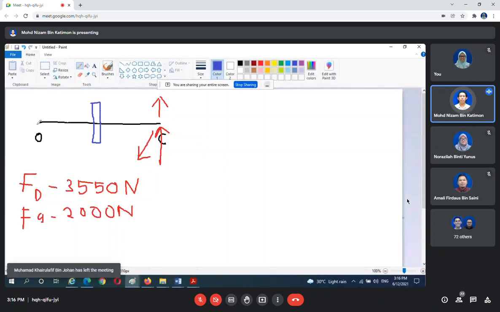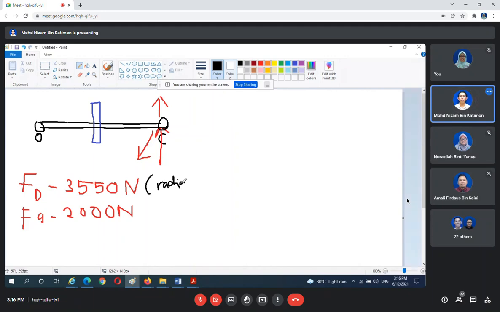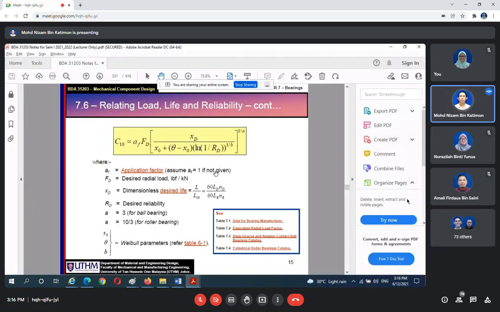From this problem, we have a radial load, and then we have a thrust load. Okay, thrust load.